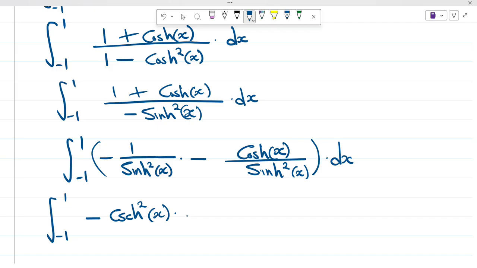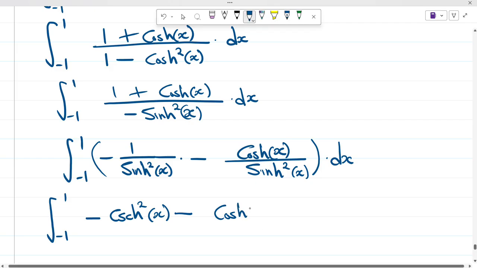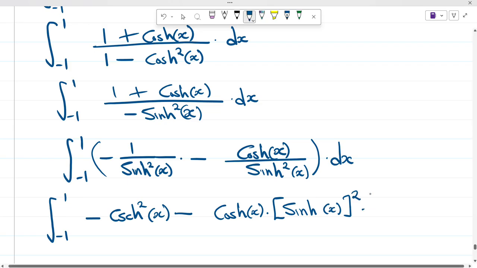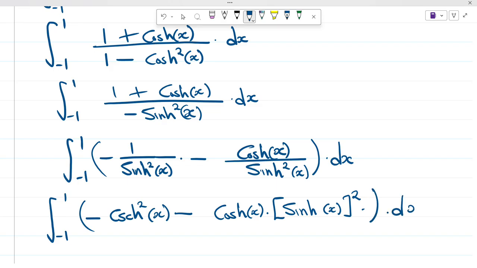And then minus what? I just want to rewrite this in a way that the general power rule is going to work, because I can see that it should work. So I'm gonna take the hyperbolic sine upwards, so this is going to be hyperbolic sine of x, with the squared taken outside, and everything inside the brackets is integrated with respect to x.